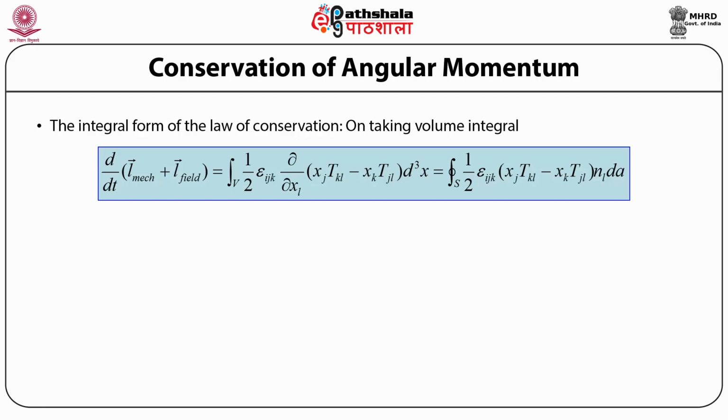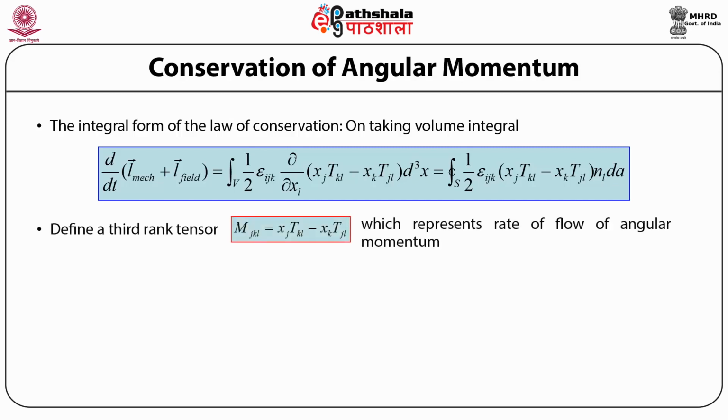So we get this as equal to the surface integral over a bounded surface, integrated over the surface area element dA, of half times the permutation tensor epsilon subscript i j k times bracket open the jth component of the position vector x subscript j times Maxwell stress tensor capital T subscript k l minus the kth component of the position vector x subscript k times the Maxwell stress tensor capital T subscript j l whole, times the lth component of the surface area unit vector n subscript l.